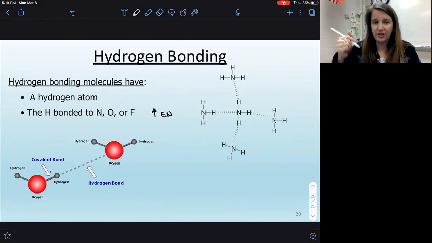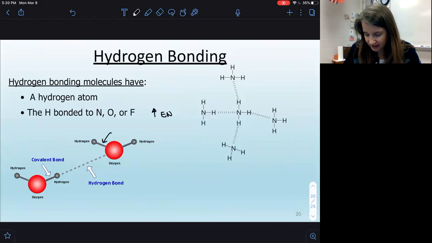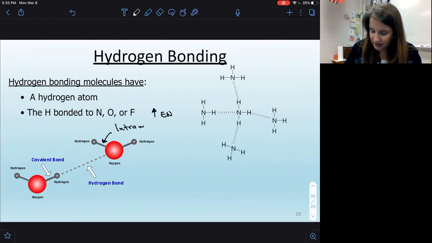Okay, now here's the thing. We've got our water example down here, and a hydrogen bond is not this right here where the oxygen is bonded to the hydrogen in the molecule. This is an intramolecular force because it's a bond. Hydrogen bonds are not the same thing as covalent bonds.